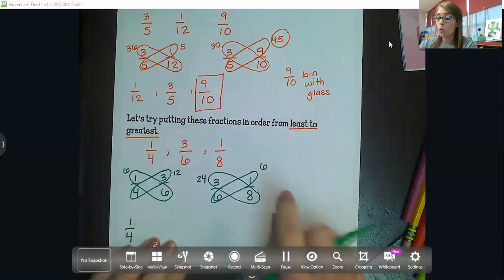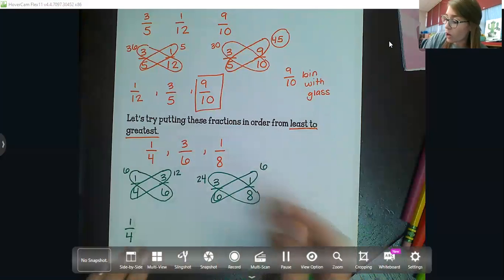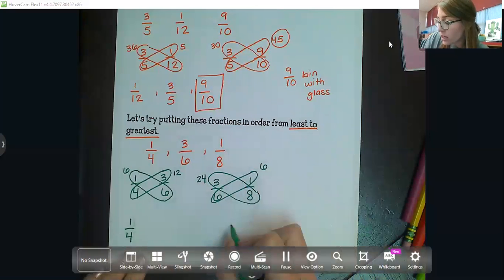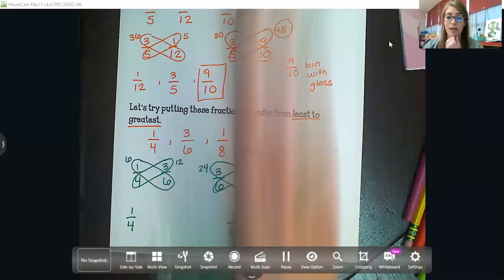Okay, so which fraction is larger, 3/6 or 1/8? Very good. It is 3/6. So I'm going to put 3/6 here because we know for a fact that 3/6 has been larger than 1/4 and 1/8. So it is going to go at the end over here for me.